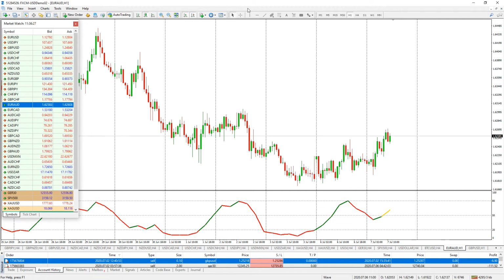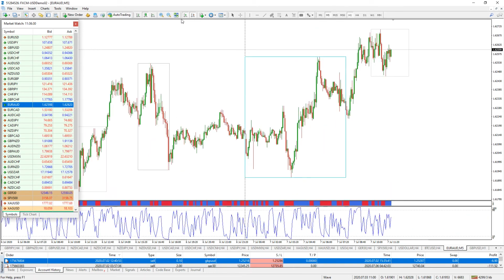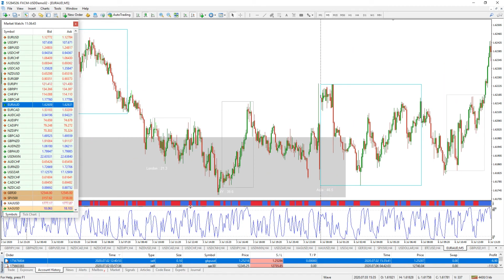So let's just see whether there's anything that occurred here during this time, right? So go down to the 5 minute chart. Okay, just nice at the London session. Okay, as I say, wait for the London session for something good to appear.